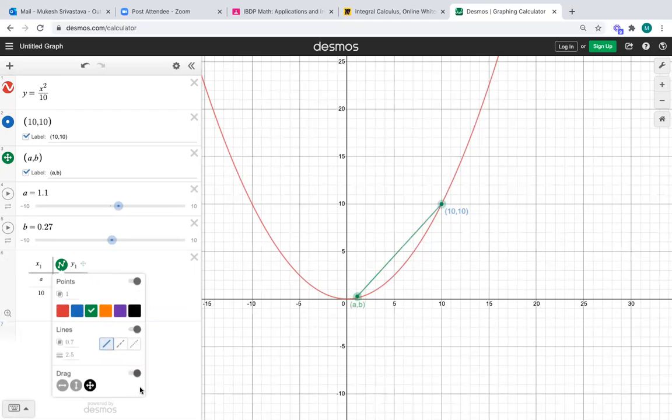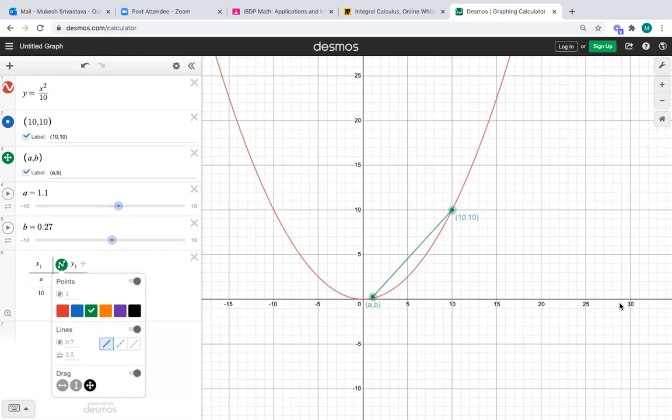I get a line segment, right? Now, what is the slope of this line segment? The gradient.